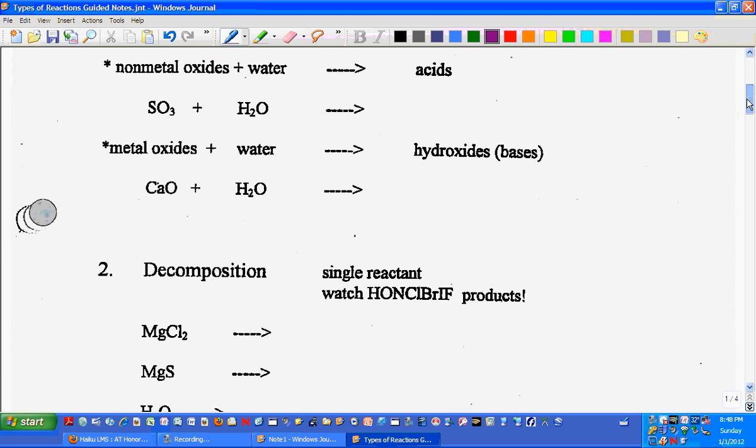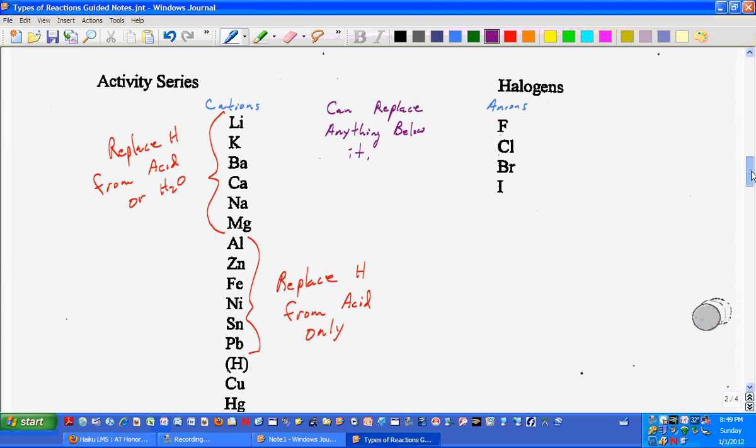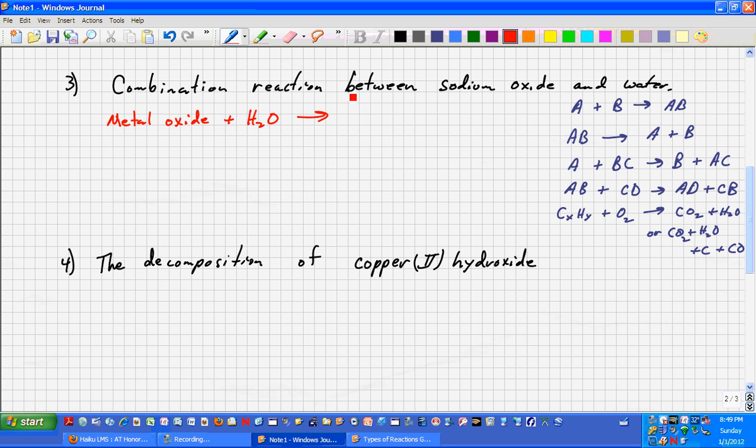Metal oxide and water is going to give us a hydroxide. It's going to give us a hydroxide. So let's see here. It's going to give us a metal hydroxide as our product.